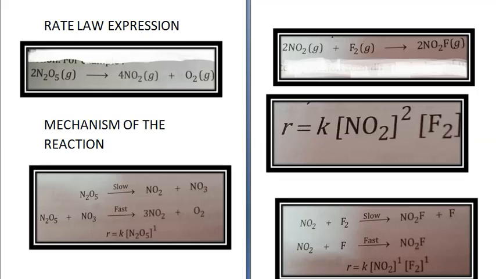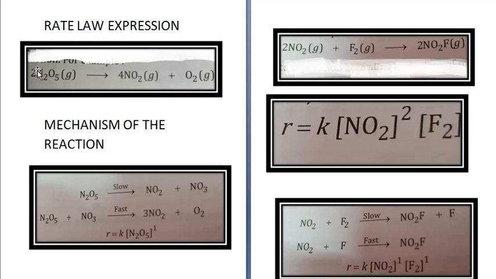Now let us take one example. Suppose 2N2O5 gives 4NO2 plus O2. Now the rate expression according to the law of mass action, R will be equal to what? R is equal to the concentration of N2O5 to the power 2. This is what the rate of reaction should be according to the law of mass action.